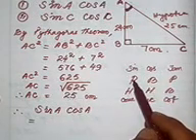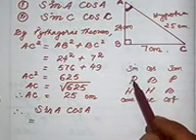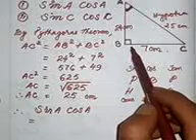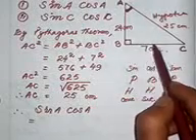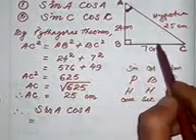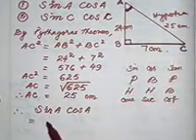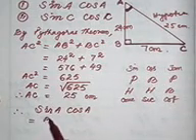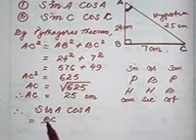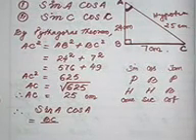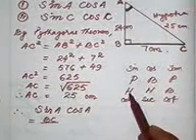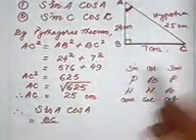The perpendicular here will be BC, so BC by hypotenuse. What is the hypotenuse here? AC.